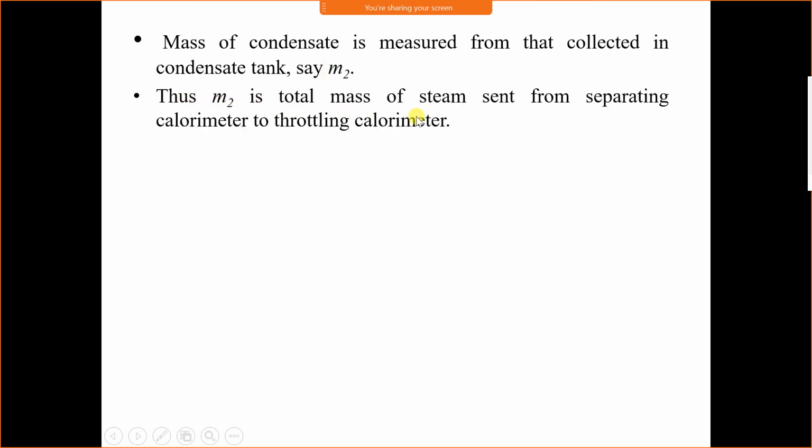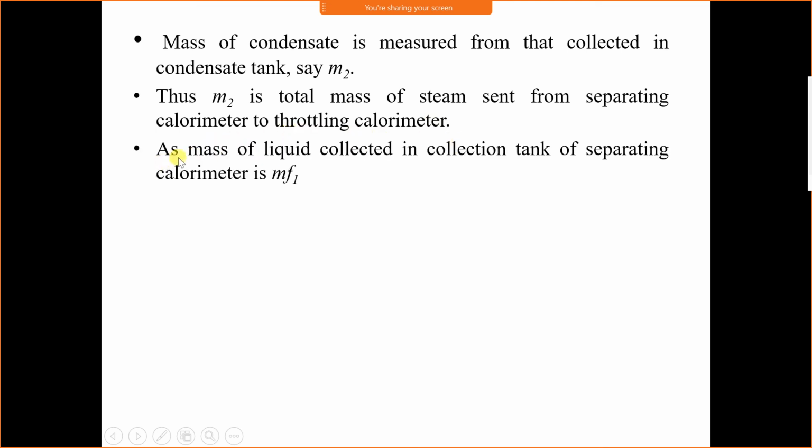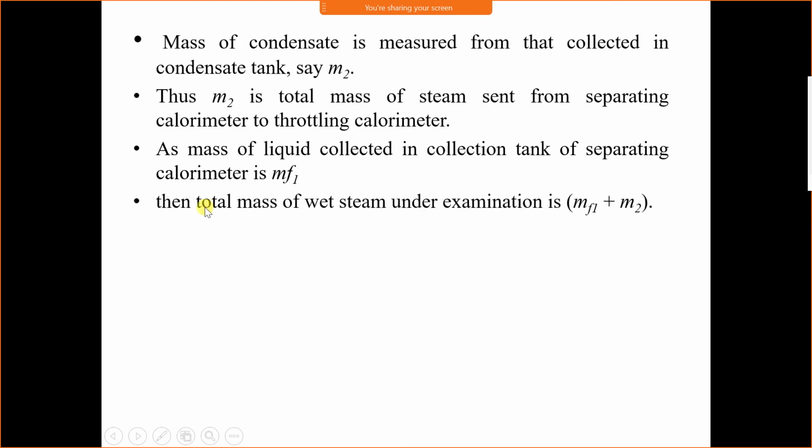Thus, m2 is the total mass of steam sent from the separating calorimeter to the throttling calorimeter. As the mass of liquid collected in the separating calorimeter is mf1, the total mass of wet steam under examination will be mf1 plus m2.